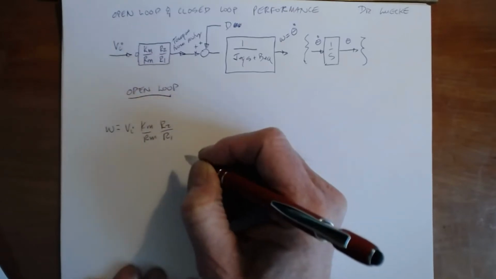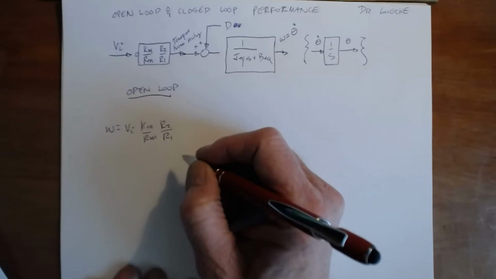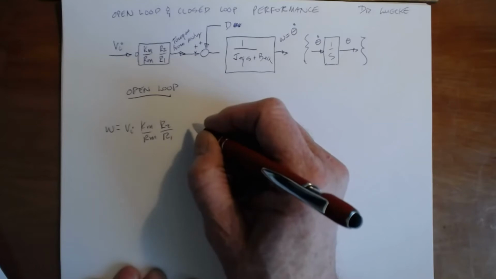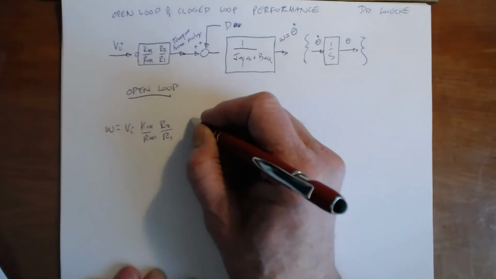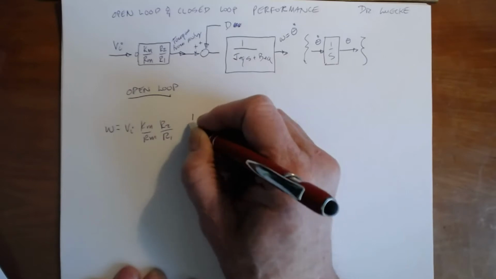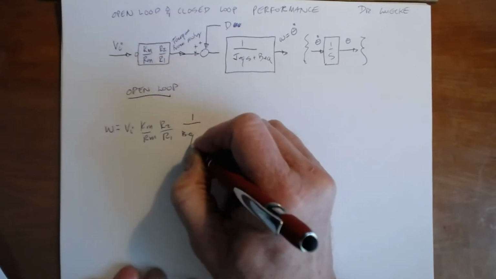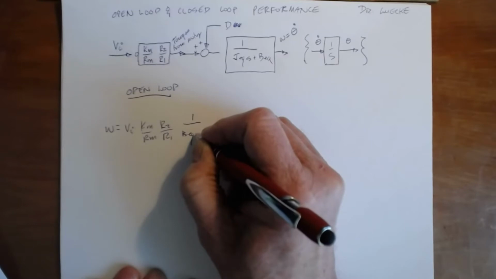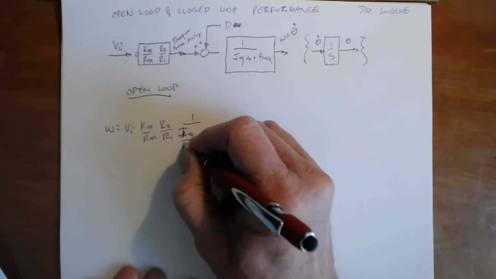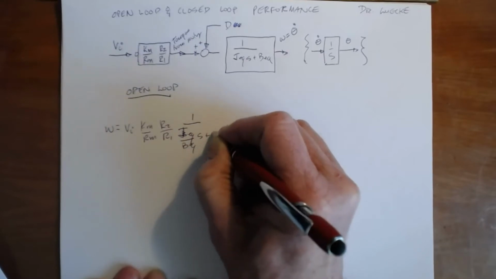And I'm going to rearrange this ever so slightly. I'm going to rearrange this to look like 1 over B equivalent, times 1 over J equivalent over B equivalent S plus 1.